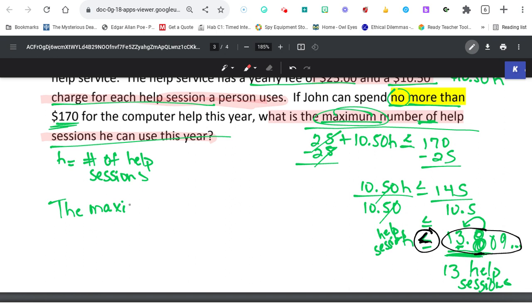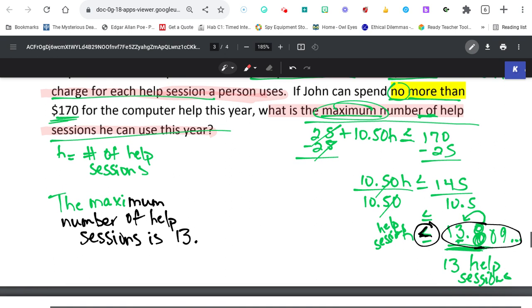So the maximum number of help sessions is 13. That's it. Don't round on these inequality problems. Follow your symbol. It's got to make sense in terms of the actual problem, okay?